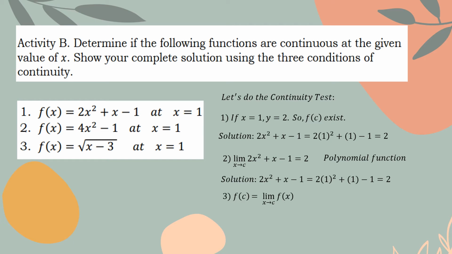And number 3, f of c exists, and the value is equal to the limit of f of x as x approaches c. They are the same, 2 equals 2. Therefore, the function f of x equals 2x squared plus x minus 1 is continuous at x equals 1. Okay?